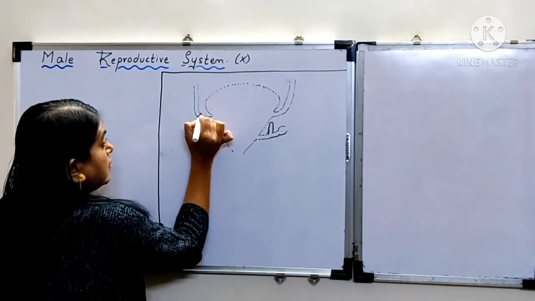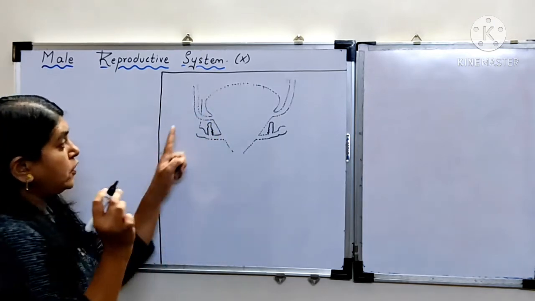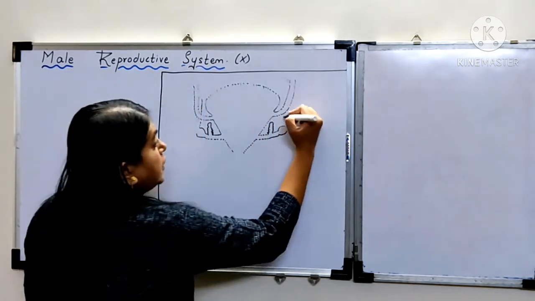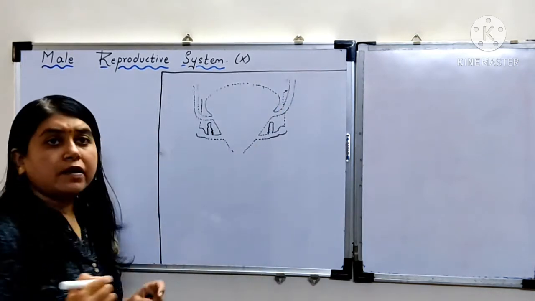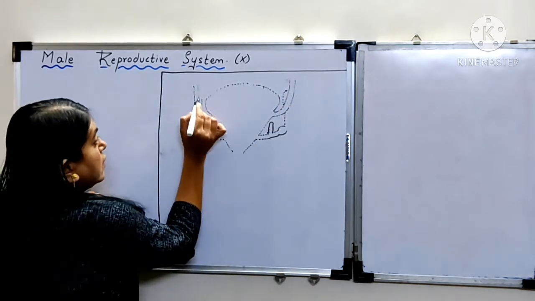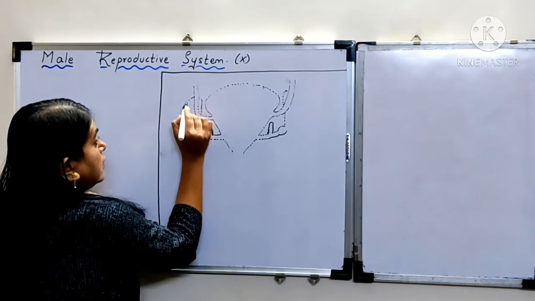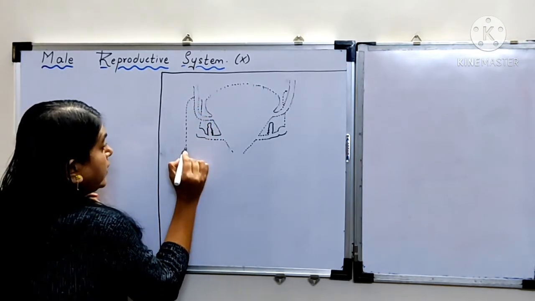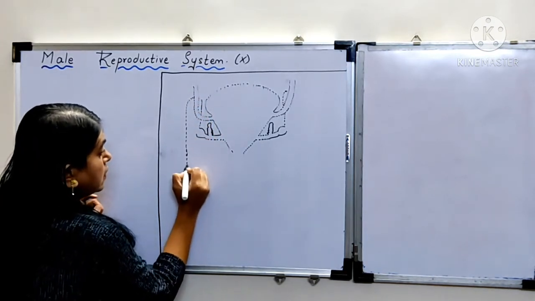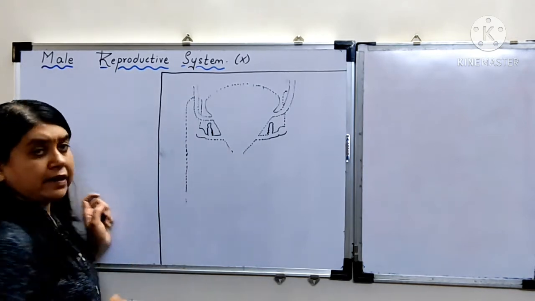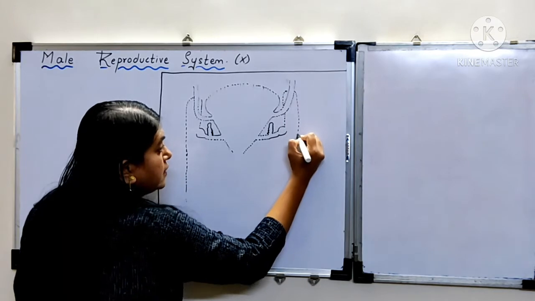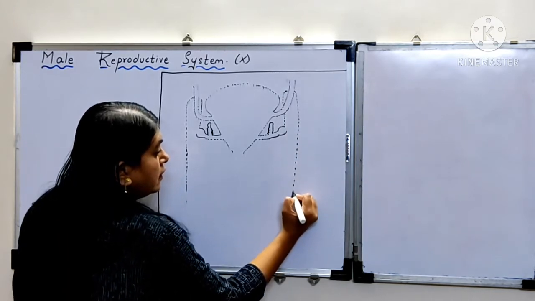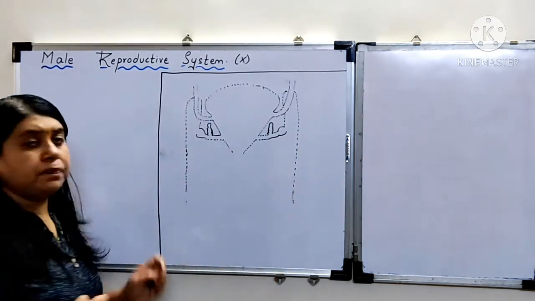Again continue that upwards, continue these two parallel lines upwards like this and show it as a hanging line. Similarly on this side like this. You can continue till here.